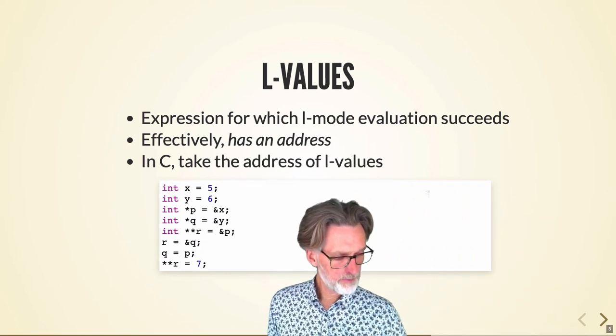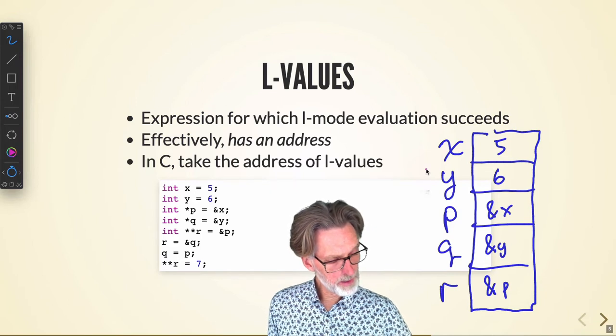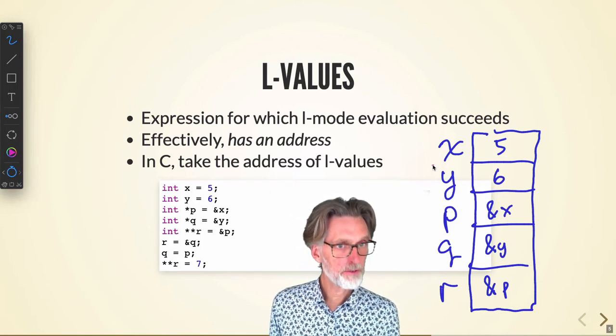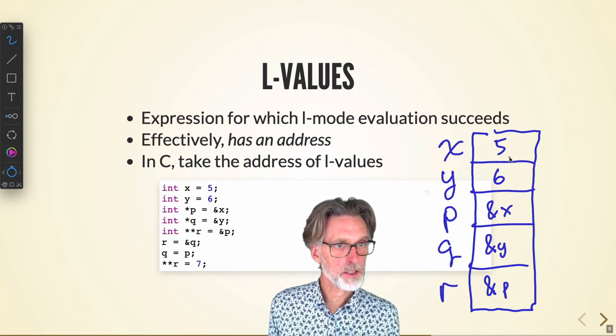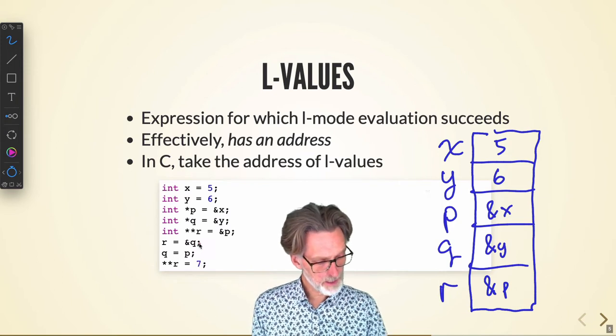Here I have 5 variables declared. And if I think about their image in memory, they'd look something like this. X holds the value 5, Y holds the value 6, P holds the address of X, Q the address of Y, and R the address of P. What am I going to do on these 3 lines down here?